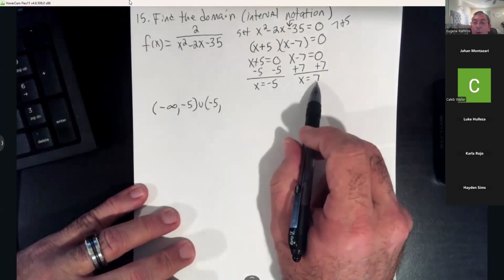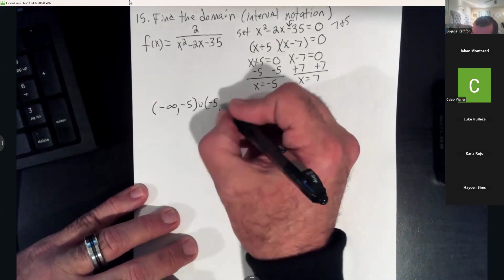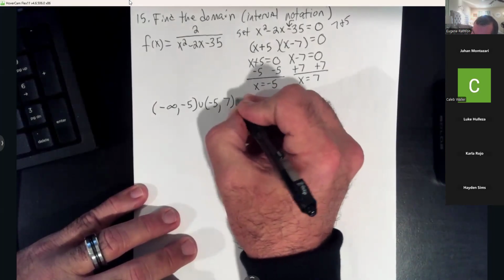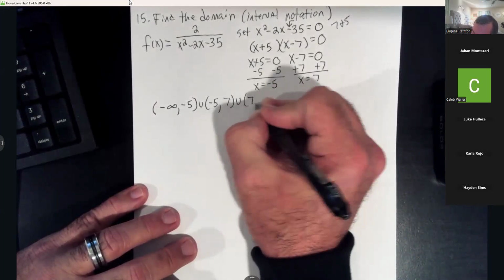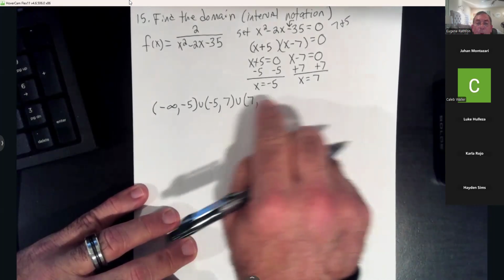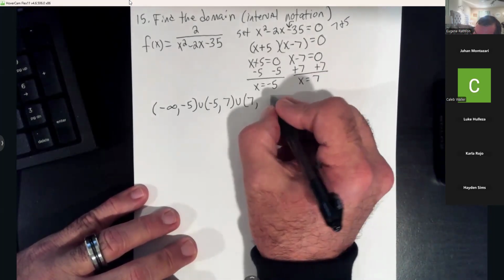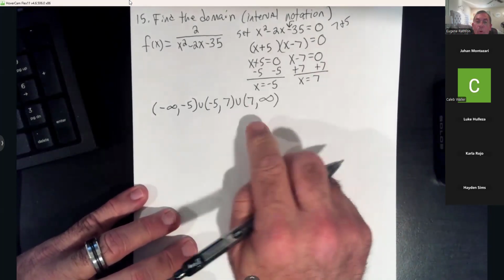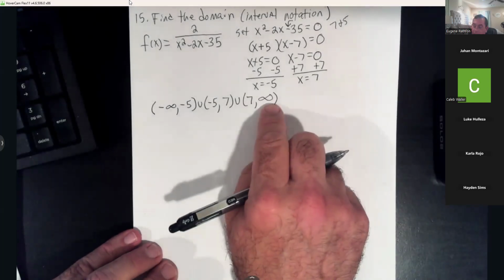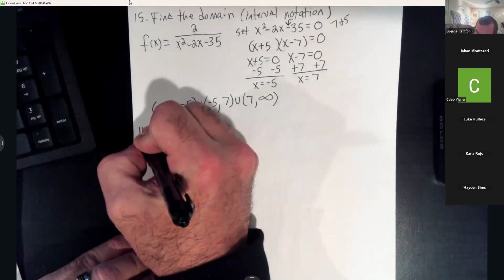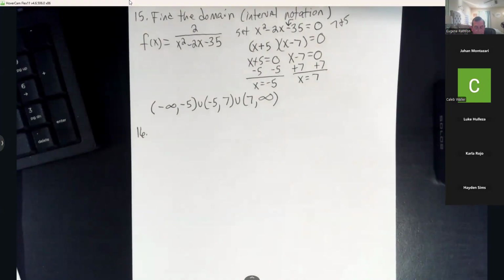From -5, we're going until we hit 7. So we're going to kick out 7 by unioning around 7. And y'all, there's no more numbers to kick out, so I'm good as I head towards positive infinity. Okay, so you're going to get two numbers on that. You got to kick them out of that domain, okay?